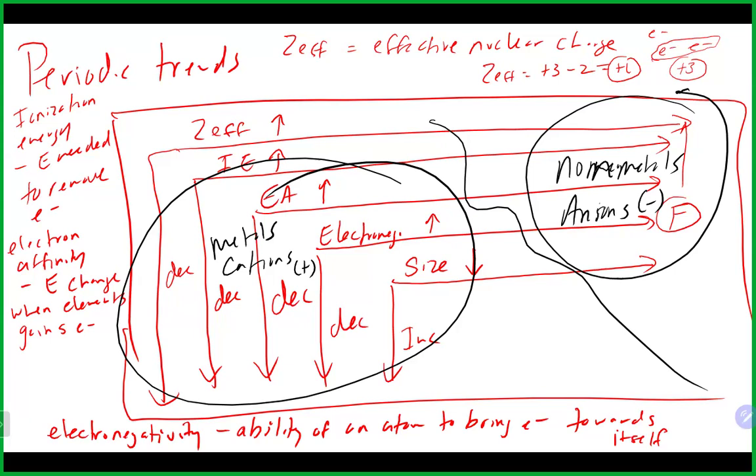And that causes, in some cases, those electrons to be sort of transferred. And that's what happens when we take a metal and a nonmetal together. Because nonmetals have high electronegativity, when they get near a metal which has low electronegativity and low ionization energy, it doesn't take a lot of convincing for them to pull that electron away. And that's why in an ionic compound, you get a transfer of electrons.